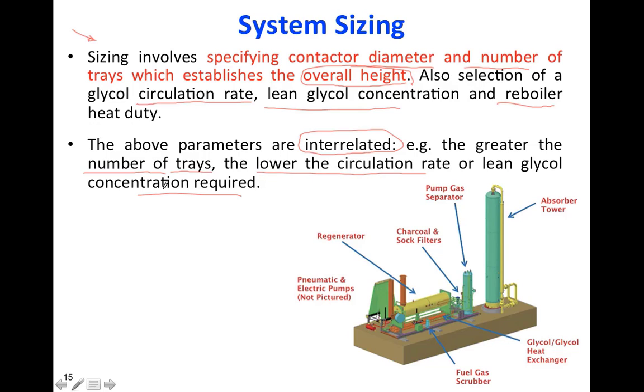So those are some design considerations. And when we are talking about design, what does it mean? In this kind of column, it means just finding these parameters, I mean, calculating these parameters based on the process that we have.